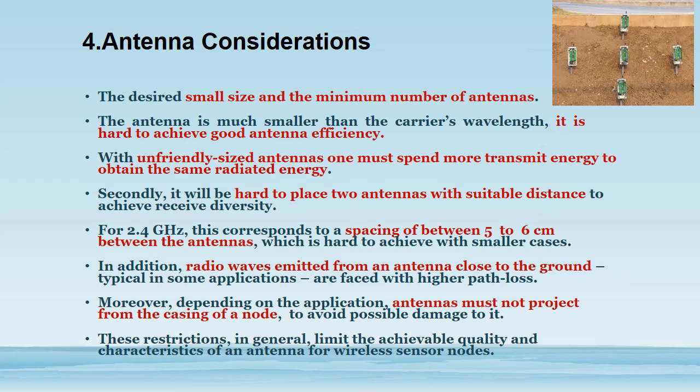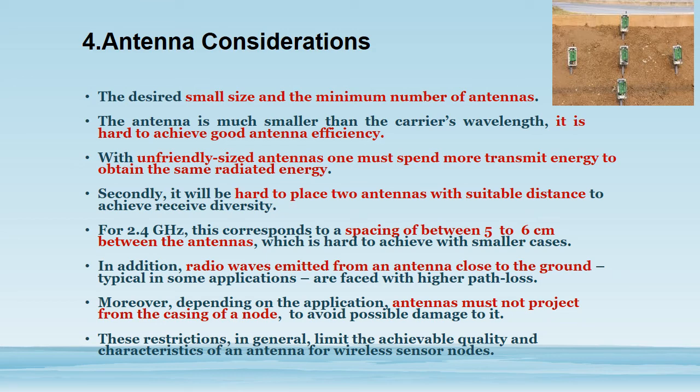At the same time, there is another problem in antenna design: some nodes require more than one antenna. In that situation, if you are going to place more than one antenna within the board, the minimum distance between one antenna and another is 5 to 6 centimeters.